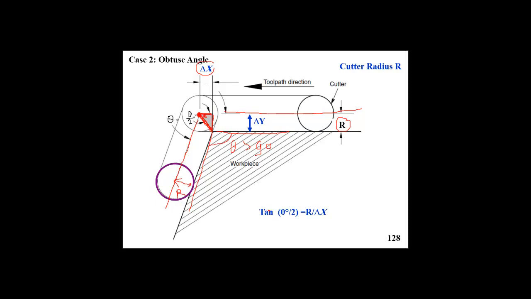So tan theta divided by 2 equals the opposite, which is r, divided by this amount, which is dx, which is unknown. If we know theta and we know r, it is very easy to get the amount of shift along the x direction.